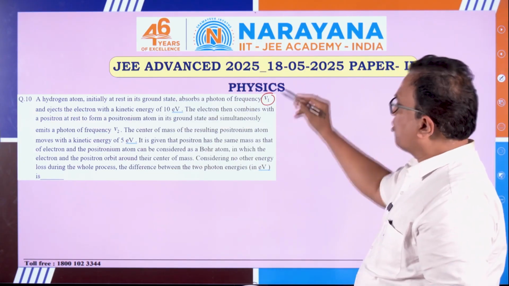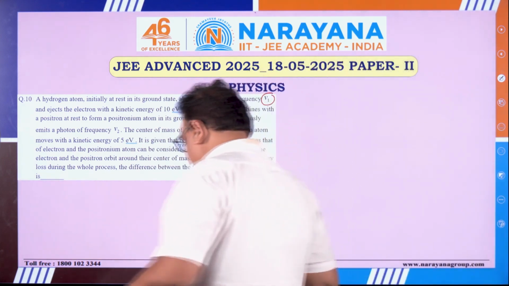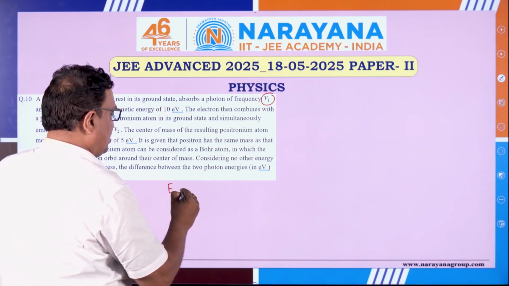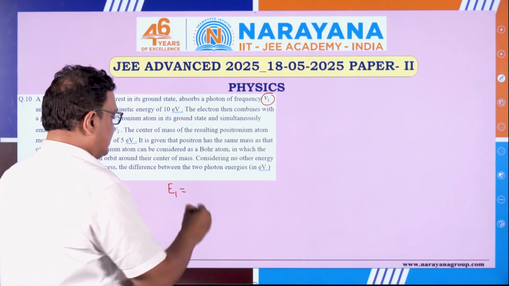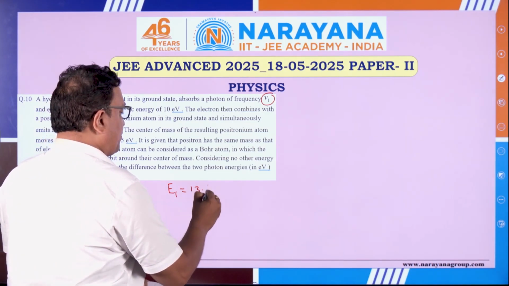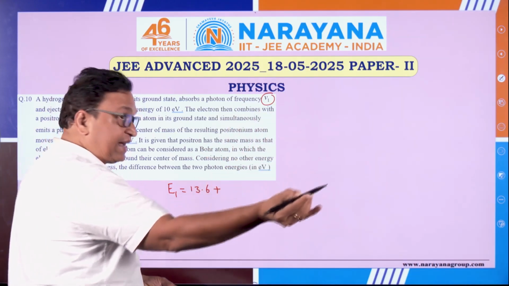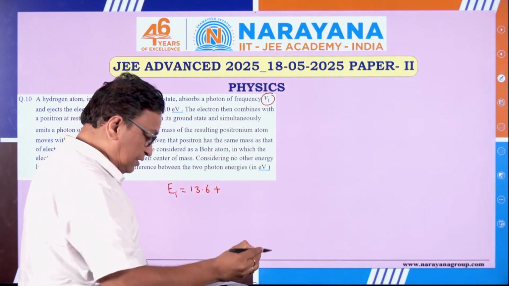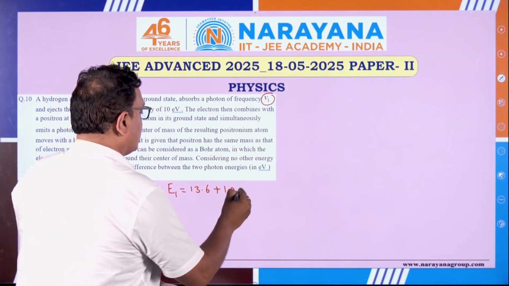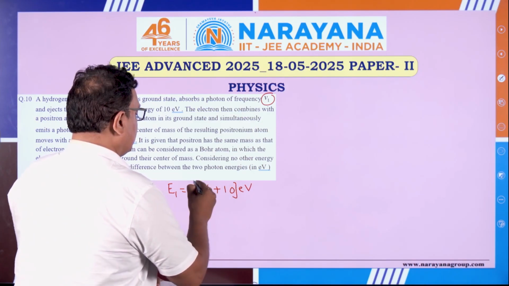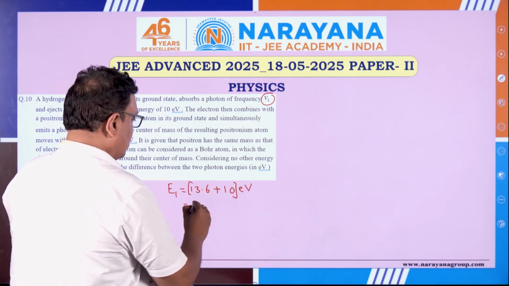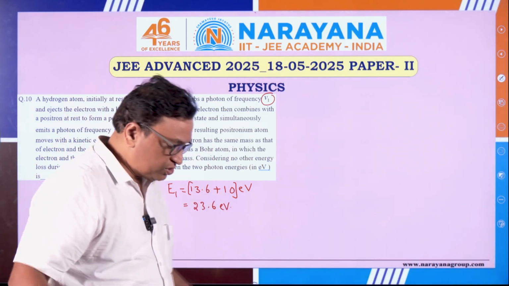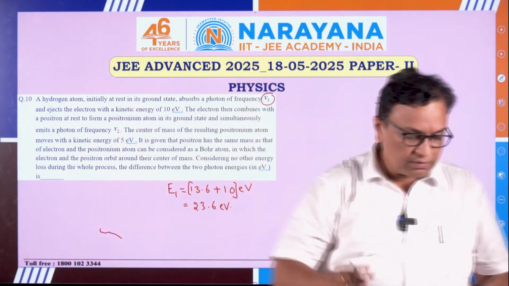So the corresponding energy, if you allow me to write, is nothing but 13.6 plus whatever excess, that's in the form of kinetic energy. So that is 10 electron volts. Totally, this is 23.6 electron volts. Proceed further.